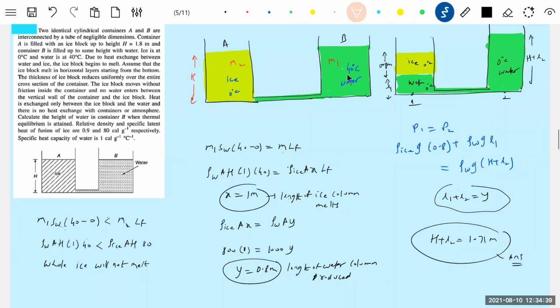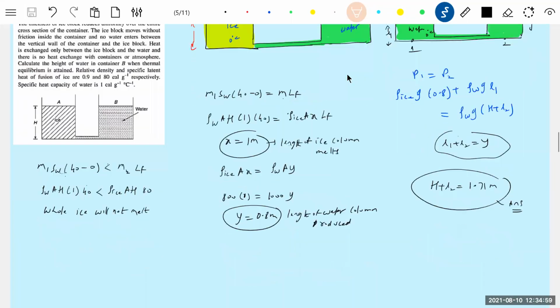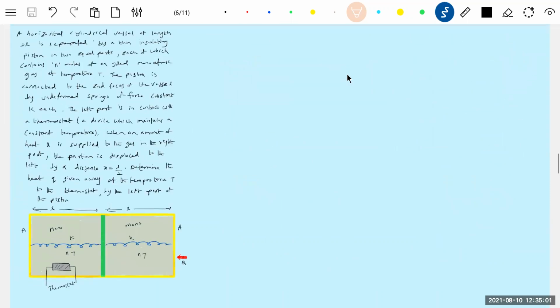Density of ice and water are different, I think, carefully. 0.9 he has given as density of ice. Read this question, hurry up, it's a little bit lengthy. Check calculation, maybe.